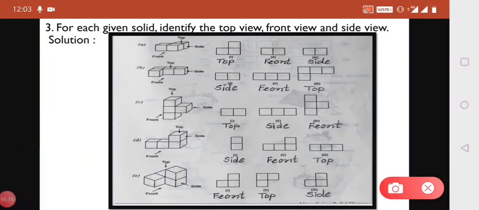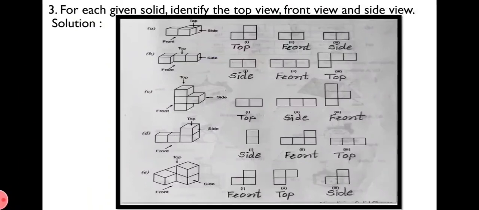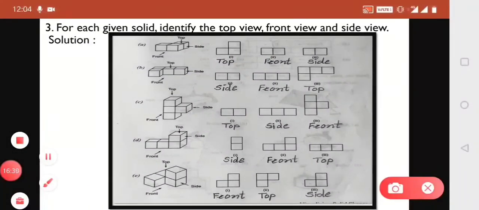Next, a solid is given made up of 4 cubes, arranged in this way. First, 2 square faces of the cubes are given. When we look from the side, we can see this 1 square face and this 1 square face, so this is a side view. Second, 3 square faces are given.